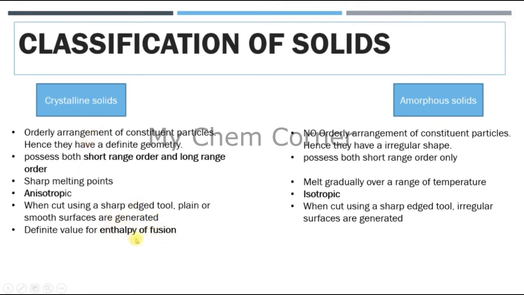When you do this process, it's going to give you a definite value for a crystalline solid, because there is an orderly arrangement of constituent particles. But amorphous solids don't have a definite value for enthalpy of fusion, because there is no orderly arrangement.